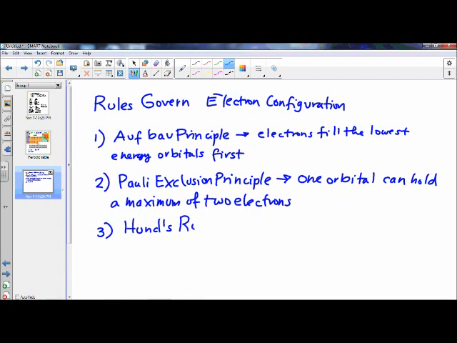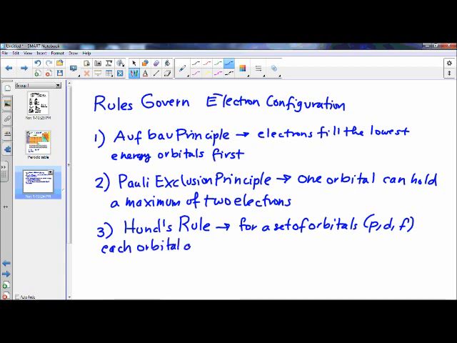That's Hund's rule. That says for a set of orbitals like p, d, and f, each orbital gets 1 electron before pairs are made.